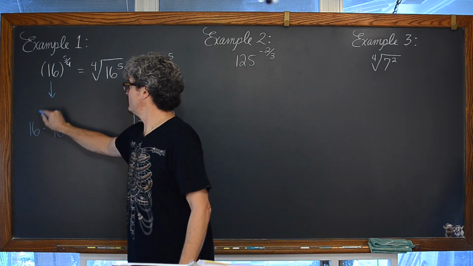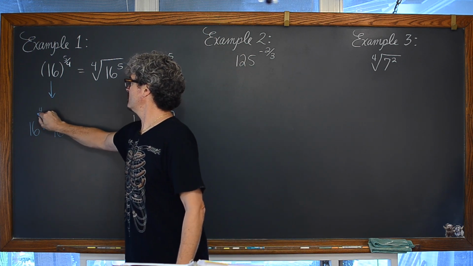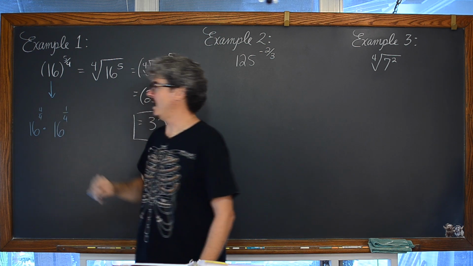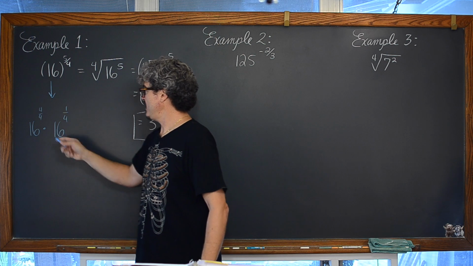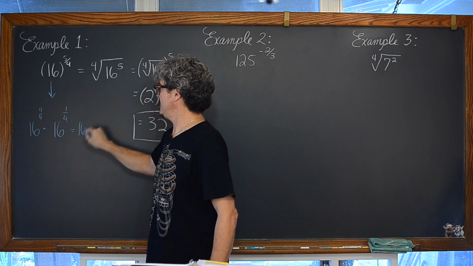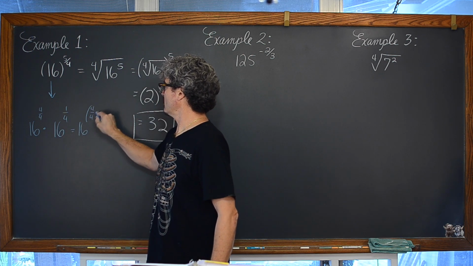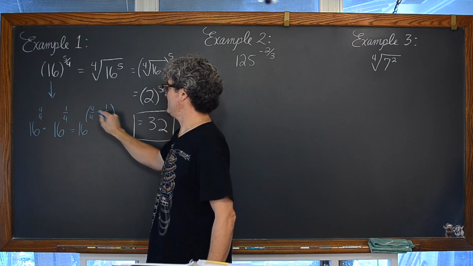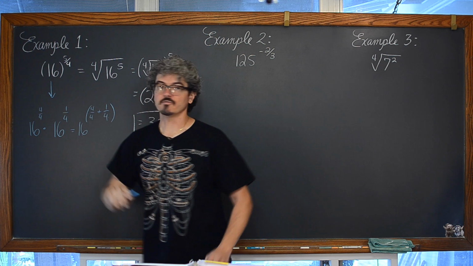Well, look at this. We can write 16 to the 4 over 4 power, and then this 16 to the 1 over 4th power, right? When you multiply like bases, that's equal to 16 to the 4 over 4 plus 1 over 4, which, of course, with that common denominator, 1 plus 4 is equal to 5.